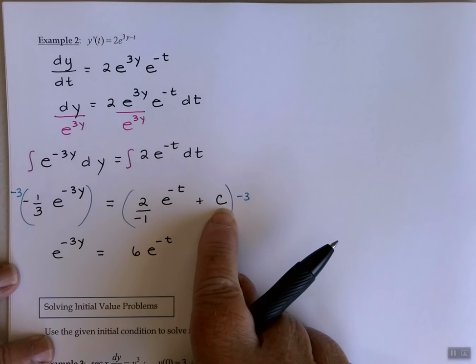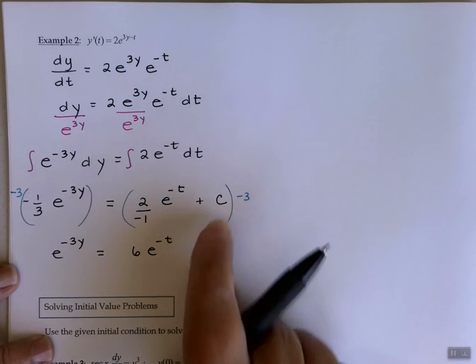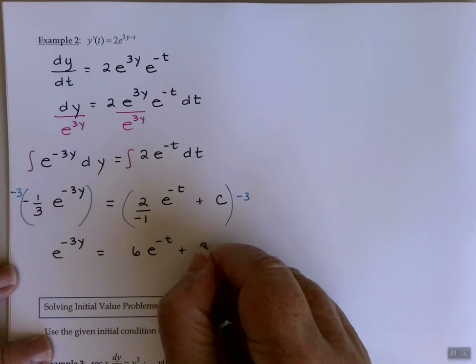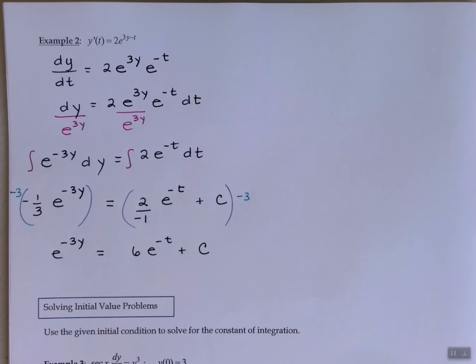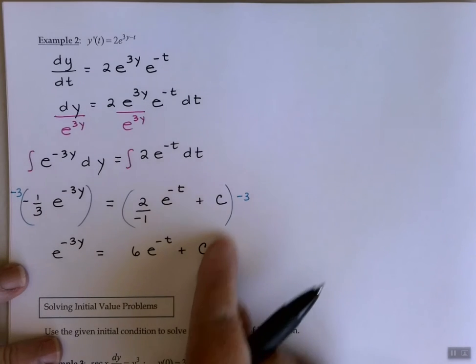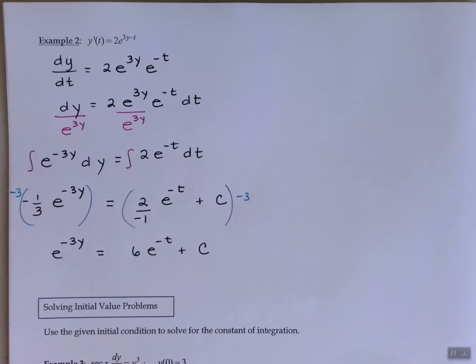And negative 3 times c is just another constant. So I'm just going to go ahead and continue to write plus c here, unless something happens that really changes the c, like taking the log of it or squaring it or something. I'm just going to go ahead and keep the c's plus c's.